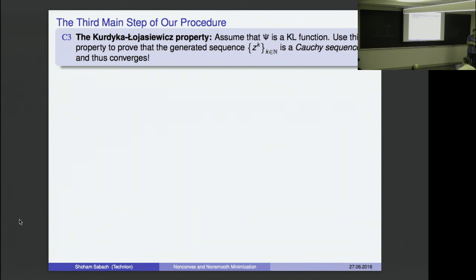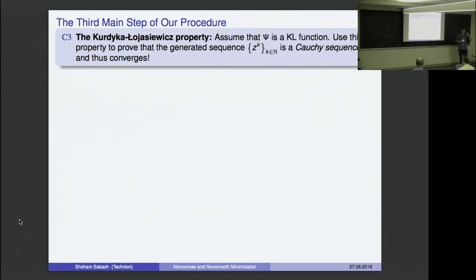If the objective function psi is assumed to be a KL function, then we can show global convergence. What we show first is that the sequence zk has the finite length property, which means immediately that it is a Cauchy sequence, and therefore a convergent sequence.